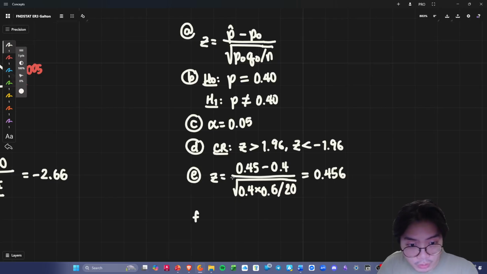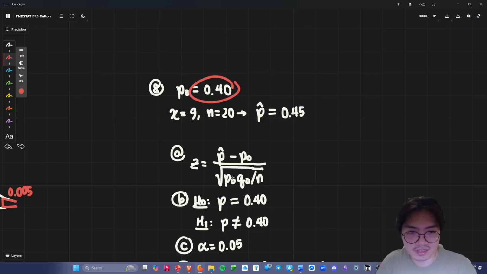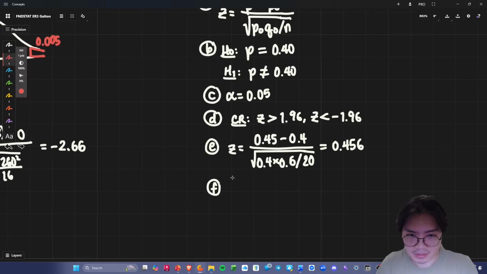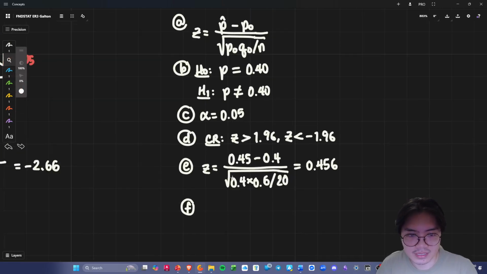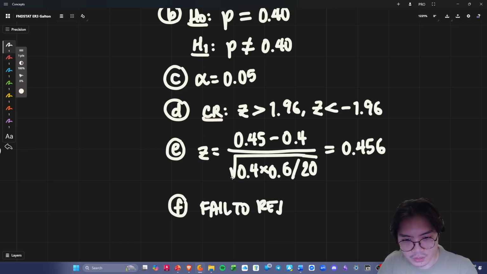Okay, there you go. This is quite a small difference and quite a small sample of 20. But that's our conclusion. Our conclusion is we fail to reject the null hypothesis.